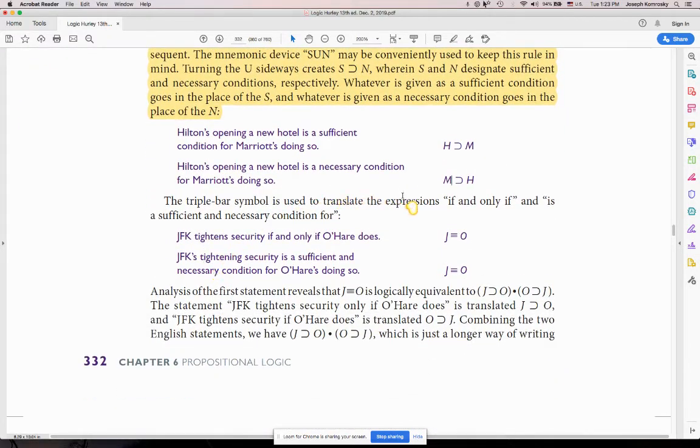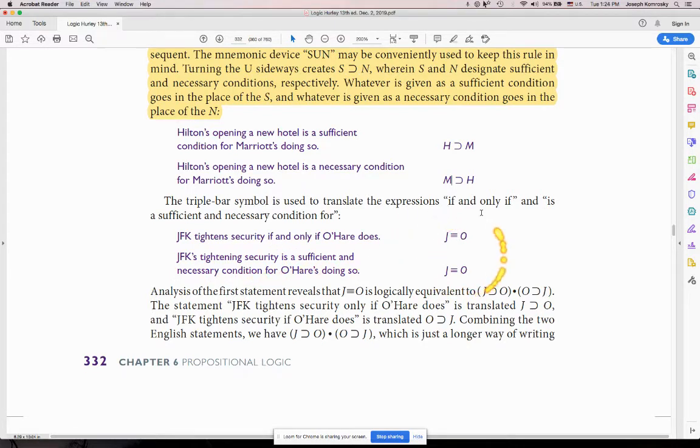So now let's go on to my triple bars. Last one. Whenever you see "if and only if" or "is sufficient and necessary condition for," those are going to trigger a triple bar symbol, or a biconditional. And so he symbolizes JFK, Titan security, "if and only if." Oh, here it is. So J, triple bar O. And then this one here, different ways of saying the same thing, "is sufficient and necessary condition for."